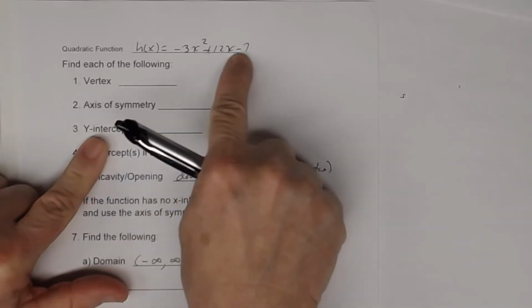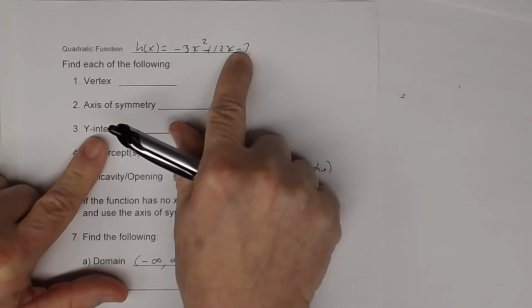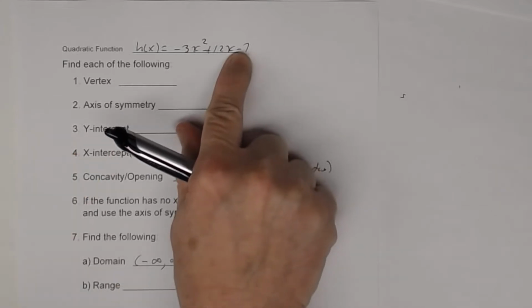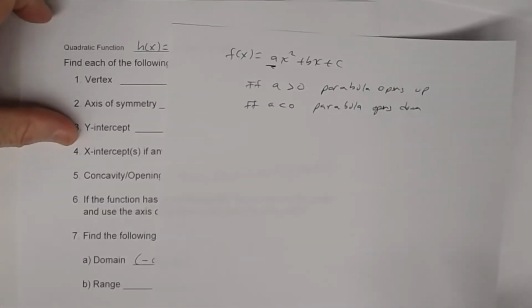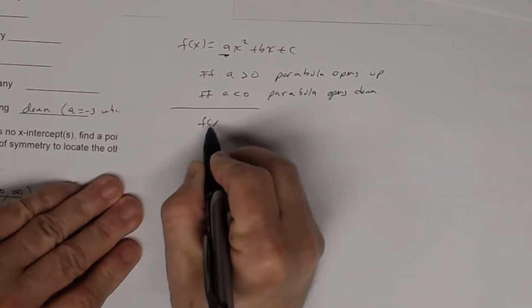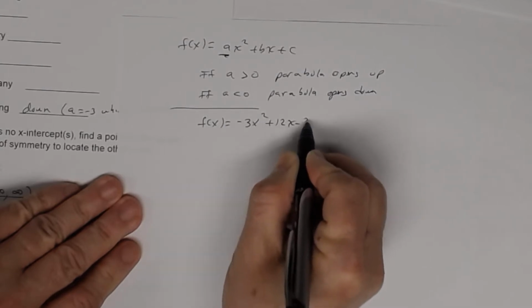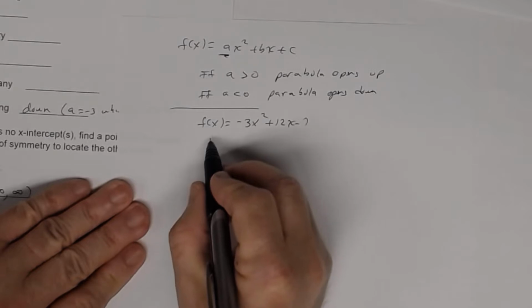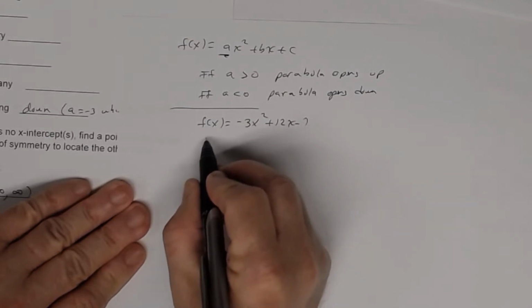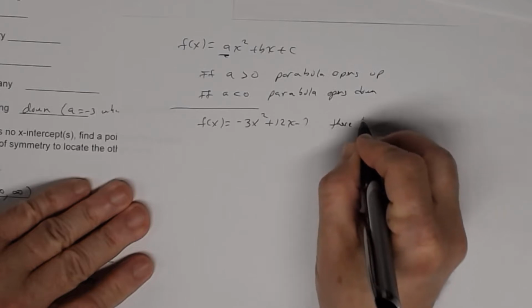With a quadratic function, which is a polynomial function, there is always going to be a y-intercept. So if I want to find the y-intercept, here's what you do. Our function was f of x equals negative 3x squared plus 12x minus 7.